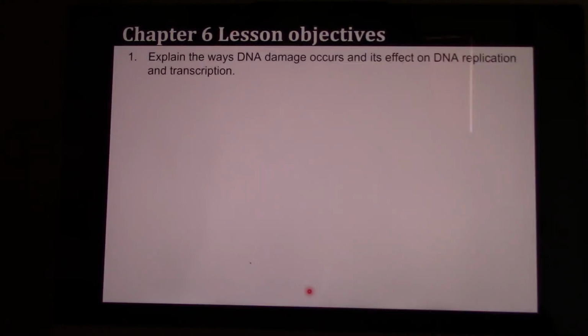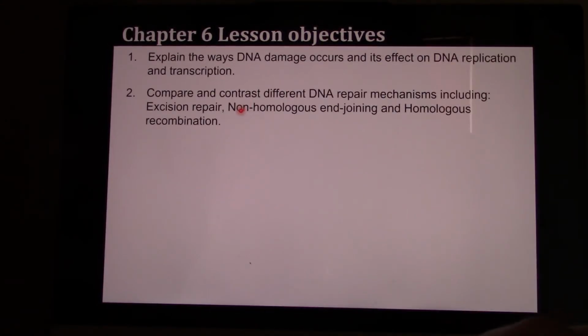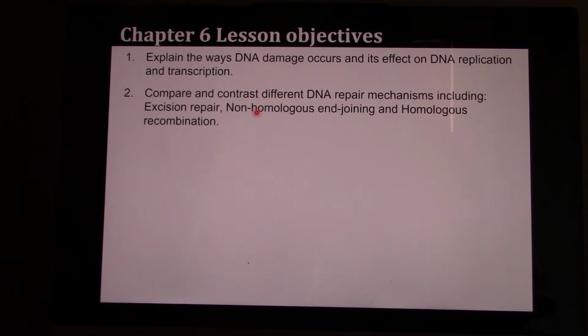So Chapter 6 lesson objectives include to explain the ways DNA damage occurs and its effects on DNA replication and transcription, to compare and contrast different DNA repair mechanisms, including excision repair, non-homologous end joining, and homologous recombination.